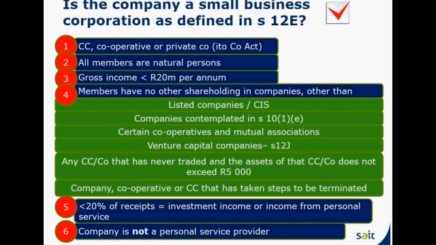The first requirement that you have to meet would be that less than 20% of the receipts of this company must come from investment income or from personal services. We'll cover that requirement on the next slide. And the last, the company must not be a personal service provider, and we'll set out the requirements for personal service providers in a few minutes' time.